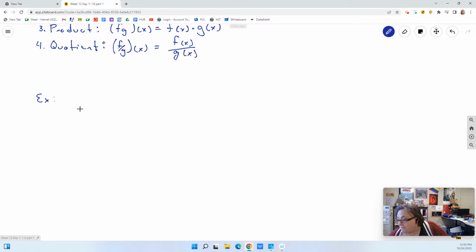So if I have some kind of a function f of x set equal to something, say 2x plus 1, and I have a g of x that's equal to x squared plus 2x minus 1, right?